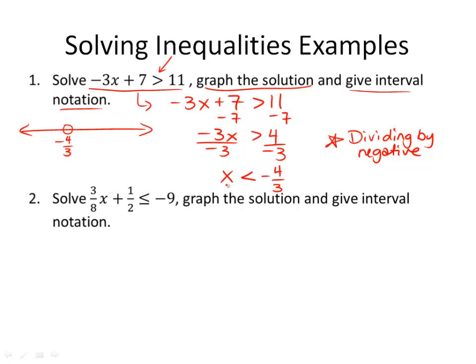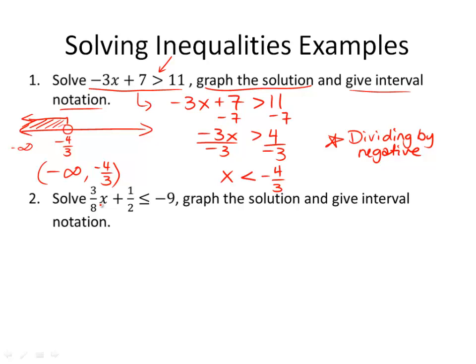And now all our numbers that are in our solution set are less than negative 4/3. So everything less than negative 4/3 is shaded in. And that's your graph. To give interval notation, you can read your graph from left to right, so negative infinity all the way up to negative 4/3, and locate the endpoints. The endpoint is not included at negative infinity and also not included at negative 4/3.